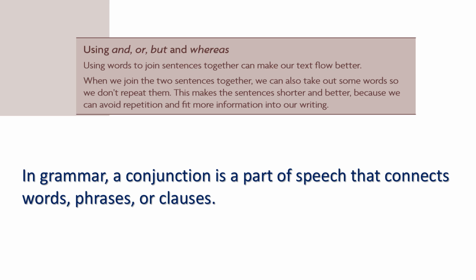We use conjunctions to join sentences together, and when we do that, it can make our text flow better. When we join the two sentences together, we can also take out some words so we don't repeat them. This makes the sentence shorter and better because we can avoid repetition and fit more information into our writing.